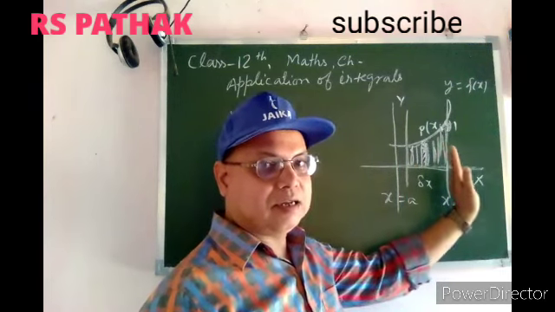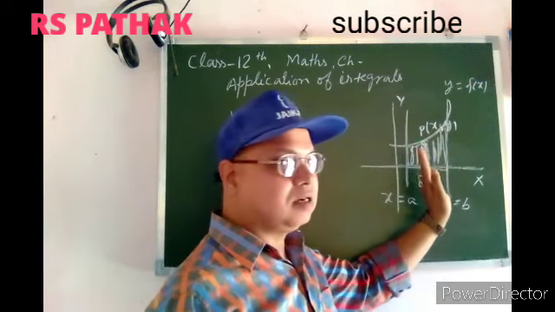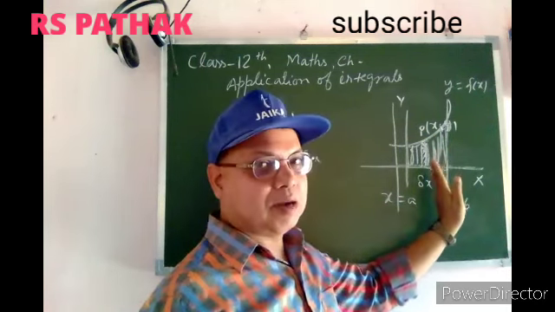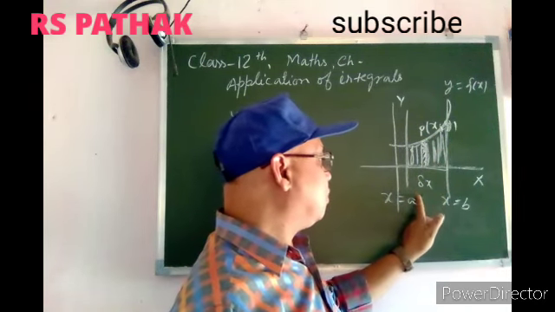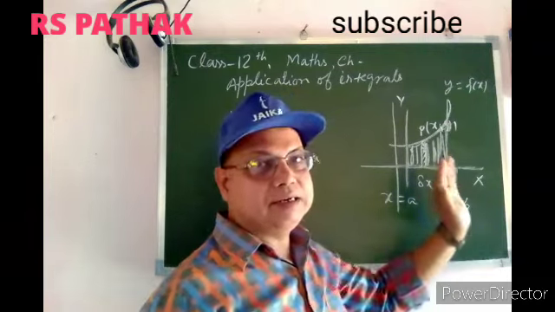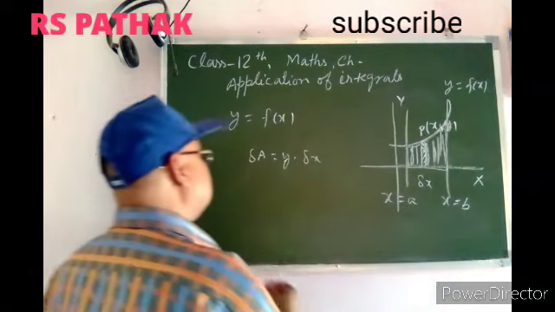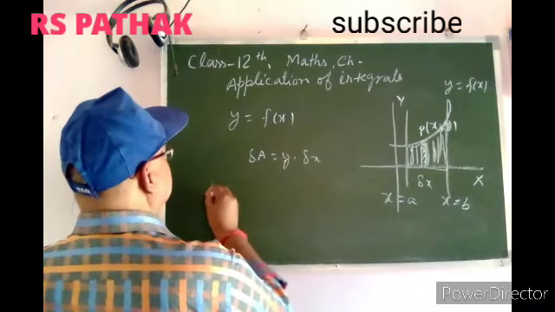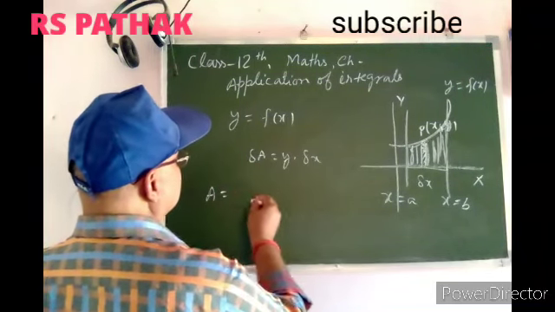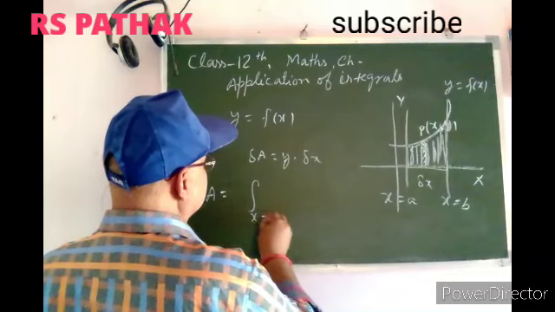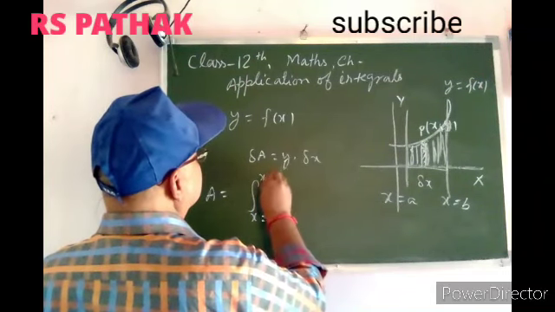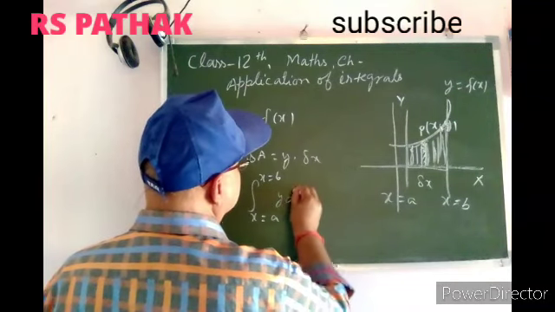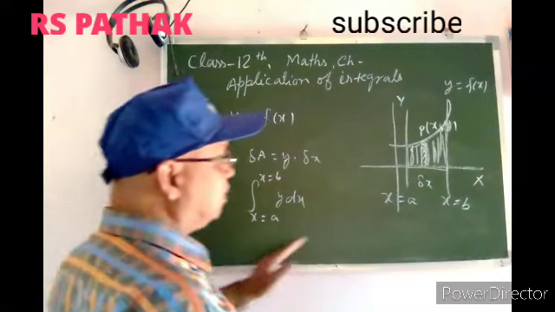After finding the area of this strip, we can calculate the area of the whole figure from the limit x equal to a to x equal to b by integrating. Then the area of this figure is A equal to the integral from x equal to a to x equal to b of y delta x, which can be written as y dx. This is the area of this whole figure.